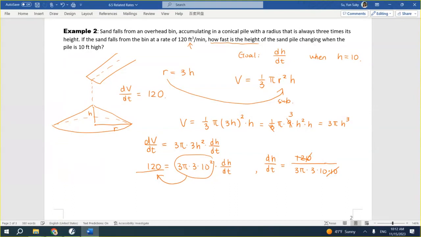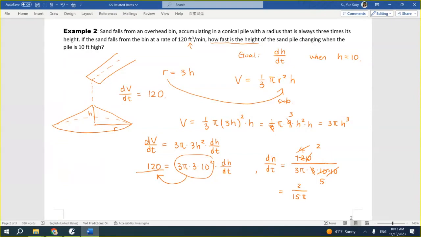And the 12 can cancel with the 3, you have 4 left, right? 4 and 10, you can cancel the 2, then you get 2 and 5. So our answer is 2 over 3 times 5 is 15 pi. So this is the answer.